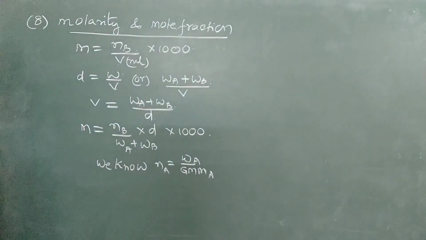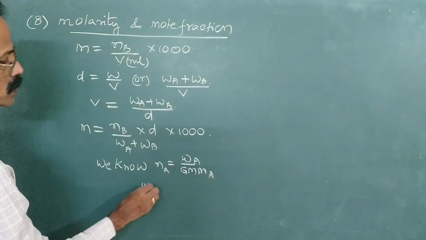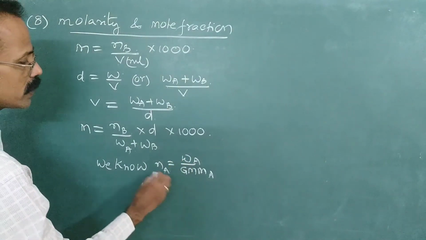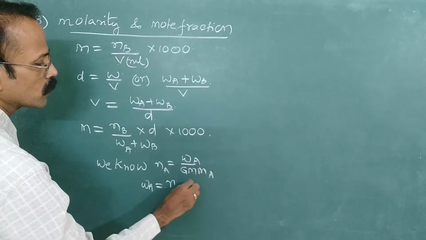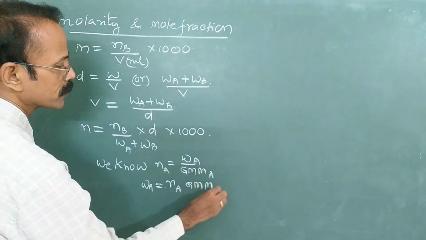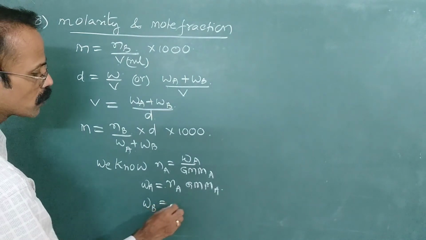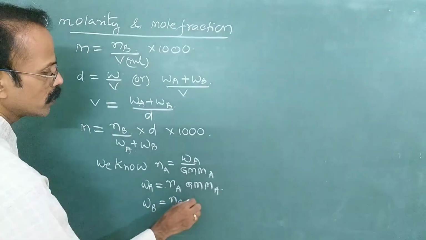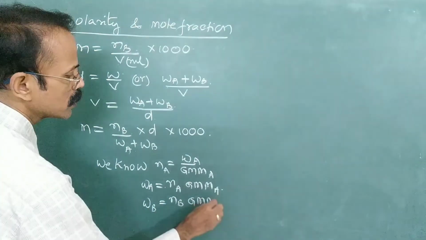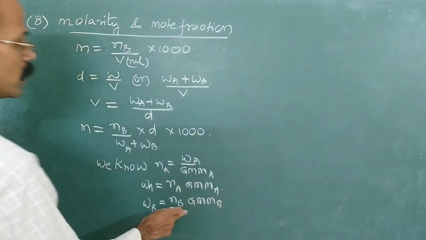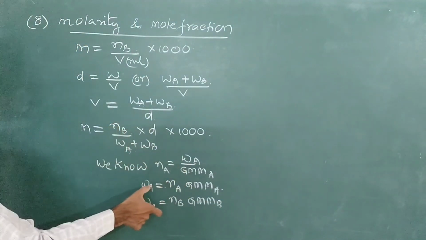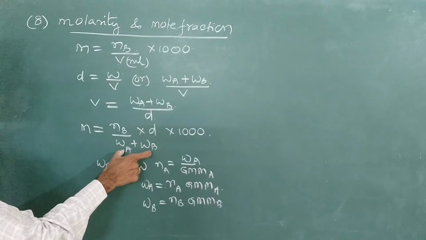Now the mass of solvent is equal to the number of moles into the gram molar mass of solvent. Similarly, WB is equal to the number of moles of solute into the gram molar mass of solute. Now substitute for mass in this expression.